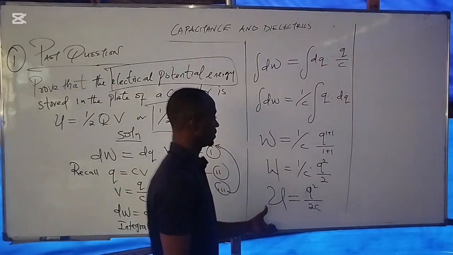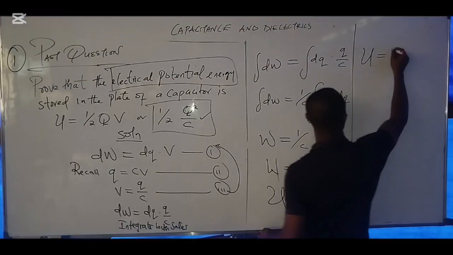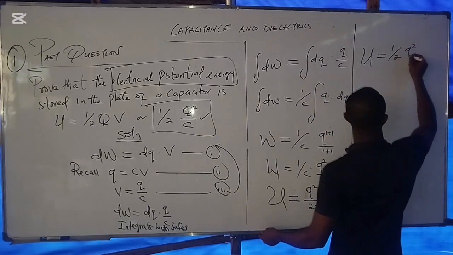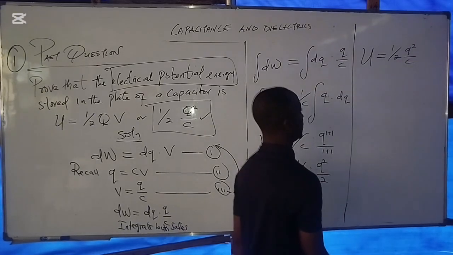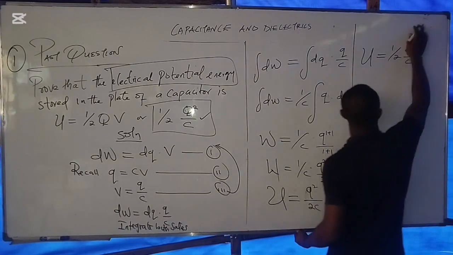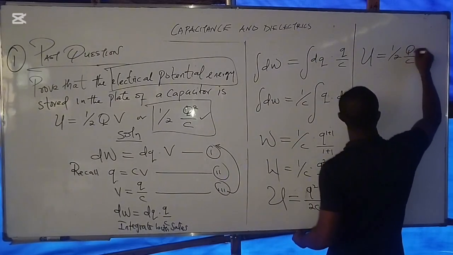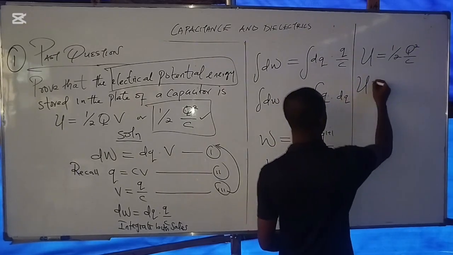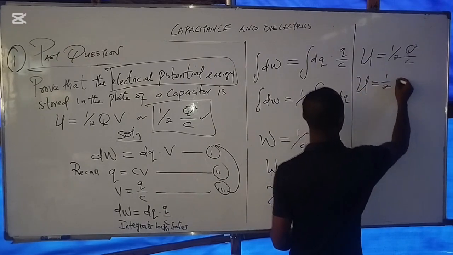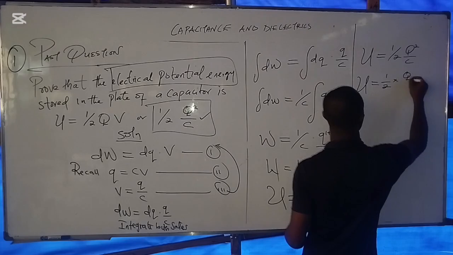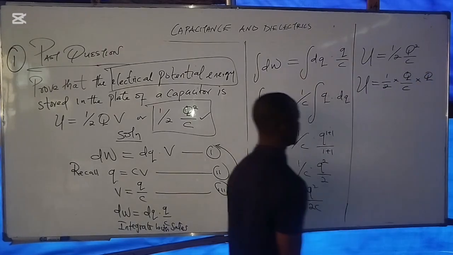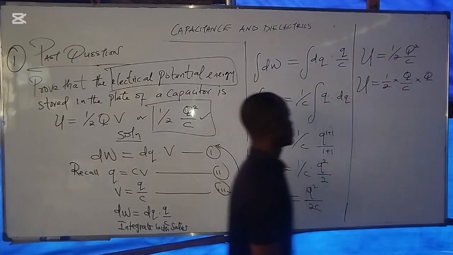This expression can also be represented as half Q squared over C. We can also express this as half times Q over C multiplied by Q, because Q times Q is Q squared.